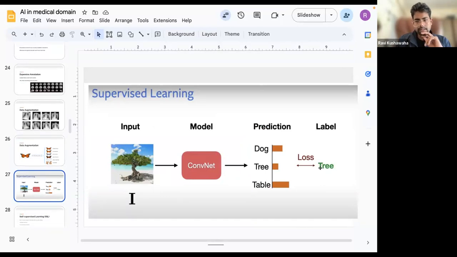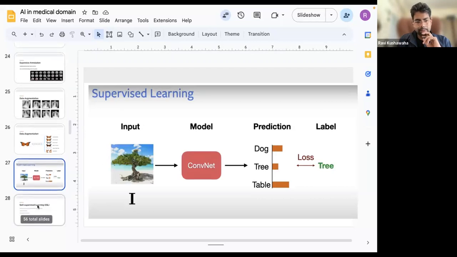But since you know this is a tree, you will have a loss function which will tell that no, this prediction is wrong. So you need to change the prediction so that it is closest to tree, and not close to dog and table. So this is supervised learning, that the input has a given output and we try to match that output, that label.